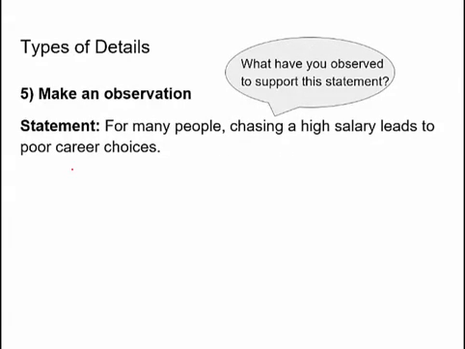Now, some essay types on the IELTS, like we saw earlier about living in the country versus city, do ask you some questions that are a little more personal, okay, that you could use personal observations for.